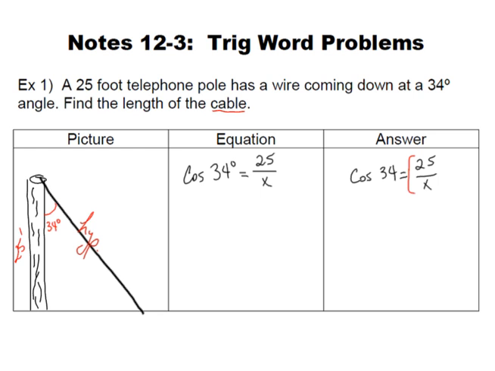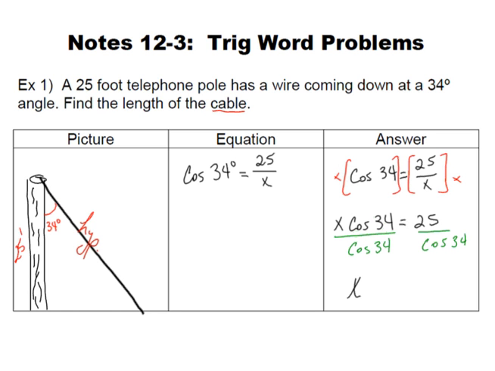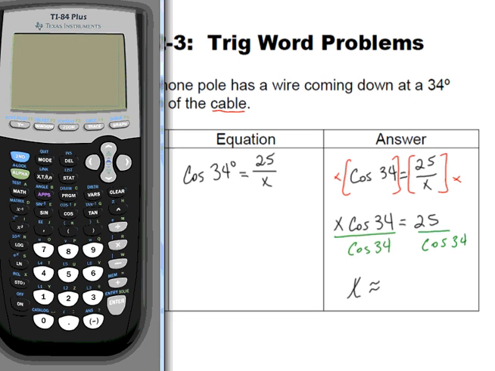I'm going to multiply both sides by x. So I now have x cosine 34 is equal to 25. I divide both sides by the cosine of 34, and I find out that x is approximately, oh, now I gotta go get my calculator.